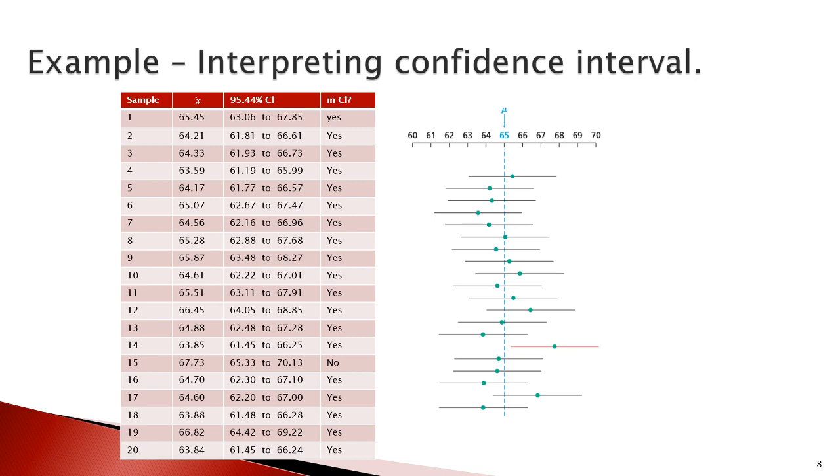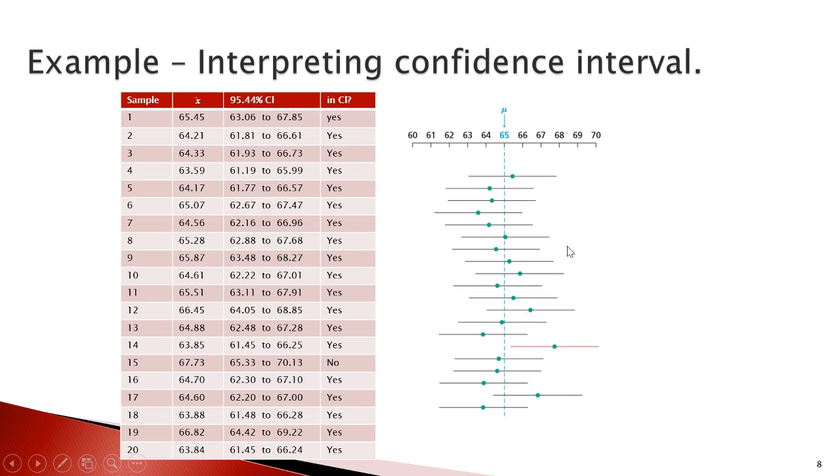So we can say that mu lies in the 95.44% confidence interval in 19 out of 20 samples, that is in 95% of the samples. I will repeat again. There are 20 samples and only one of them doesn't have 65 within its interval, so 19 out of 20 have 65 included in the confidence interval.